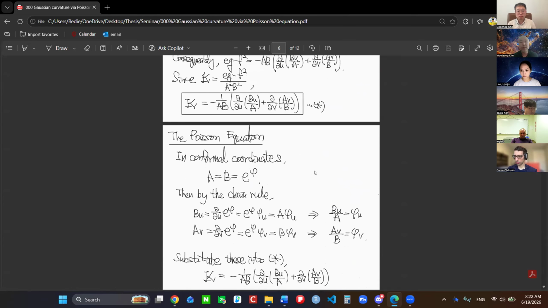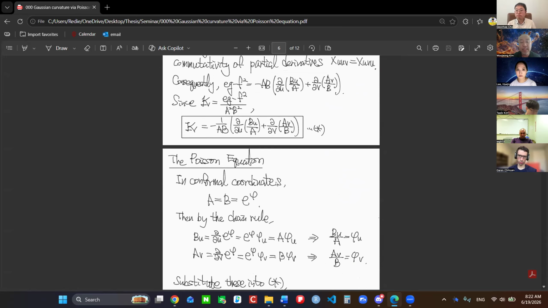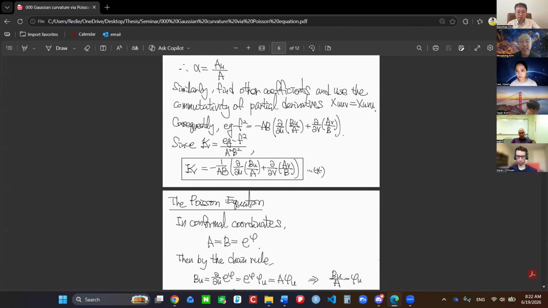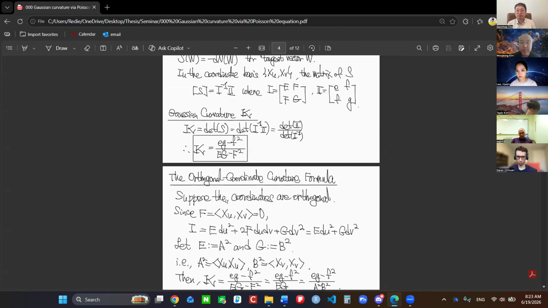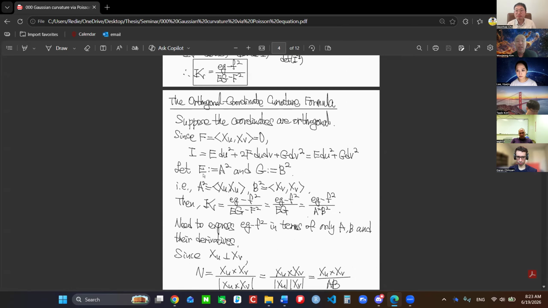And what is the Poisson equation? So in conformal coordinates, conformal means A and B are the same, which means earlier E was A squared and G was B squared.